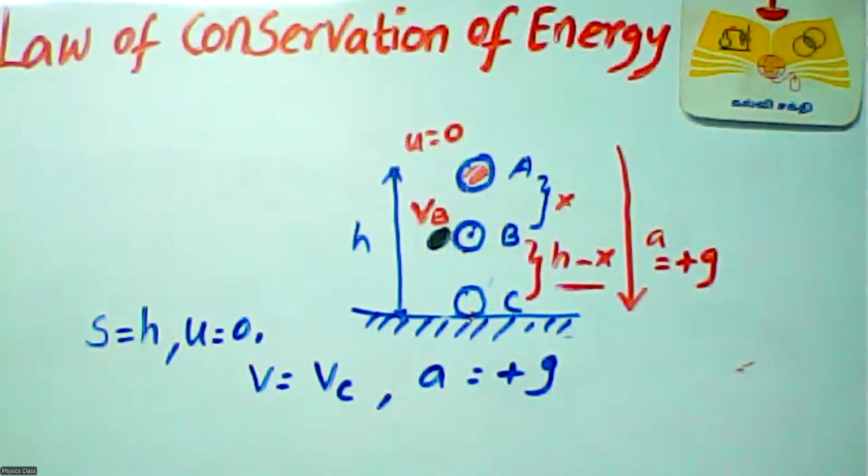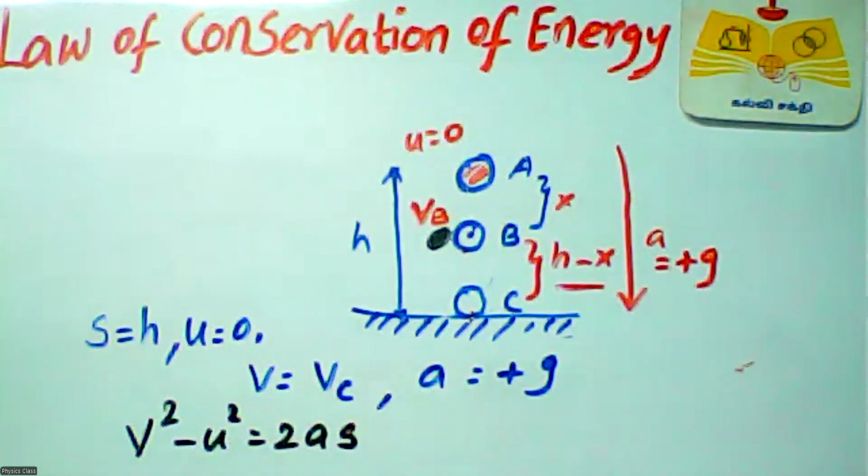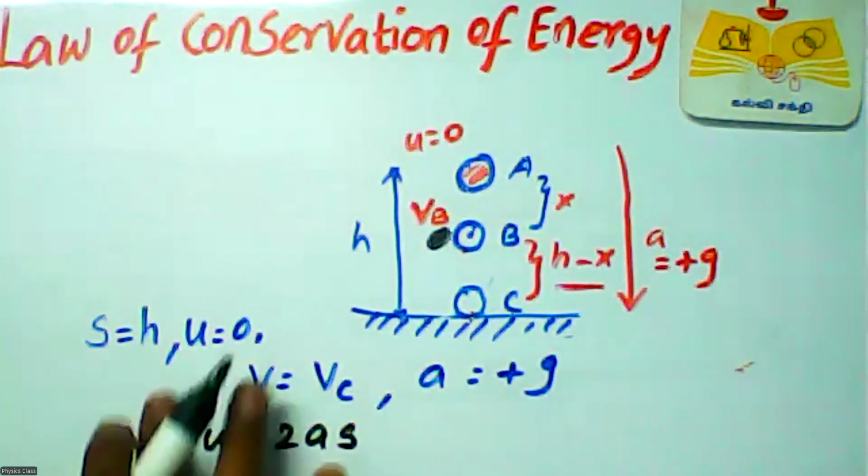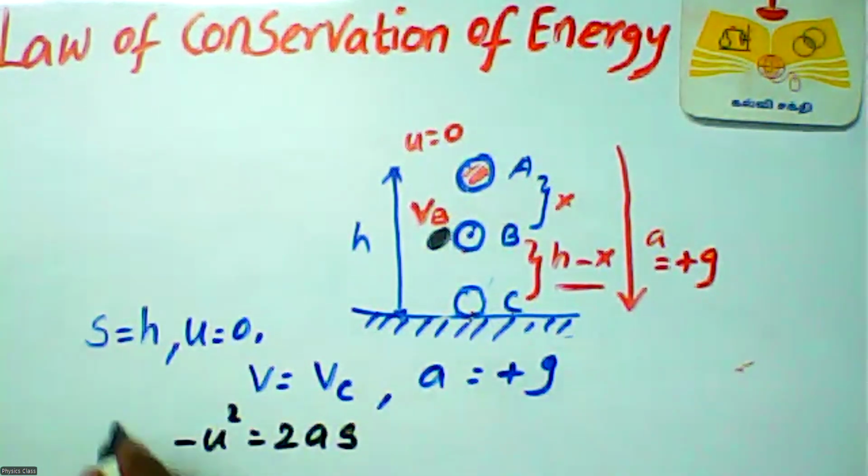Already I told you, I can write here v square minus u square equals 2as. Clear? Which is nothing but the equation of motion. From the equation of motion, you can put the values you got. So v is equal to vc. U is 0.